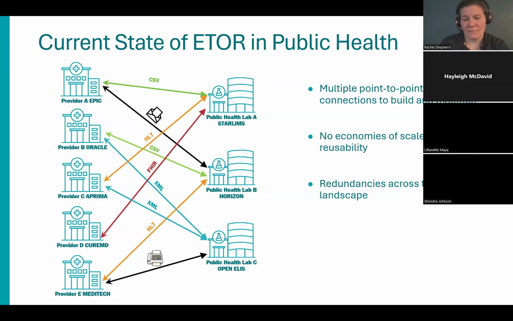So there are really no economies of scale, no reusability. You may have to meet different standards or different parameters for each and every one of your partners. And across the landscape, this has to happen hundreds of times. Lab A, B, and C might be doing exactly the same work, but they're all doing it independently, and they all have to reinvent the wheel each time, resulting in a real redundancy of effort.